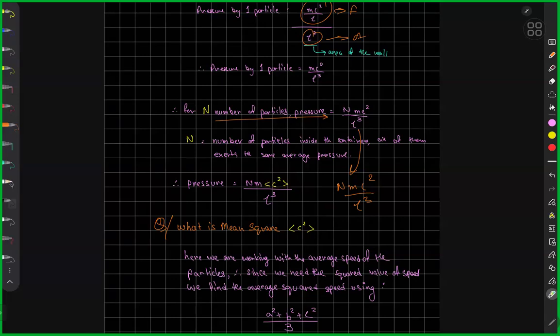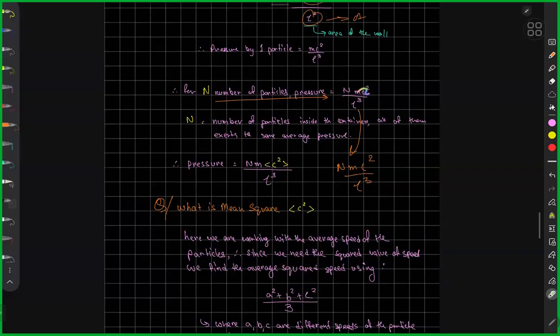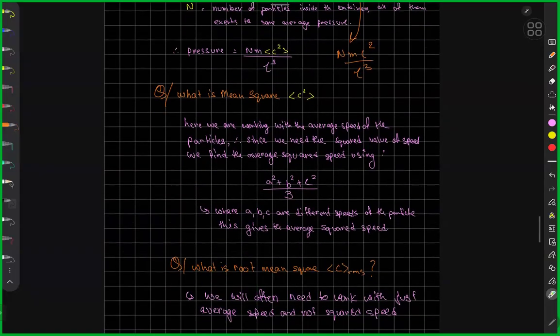I'll explain this to you guys. This sign basically means the average speed square, or the mean square speed. Let's discuss what this mean square speed really means. This is the only difference between these two formulas. What we found out and what ultimately I'm writing as the formula of pressure, there's just one difference, and that is mean square speed. Let's say we are working with a distribution of particles inside, all of them with random speeds.